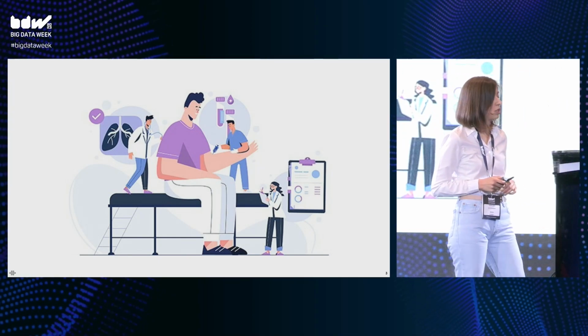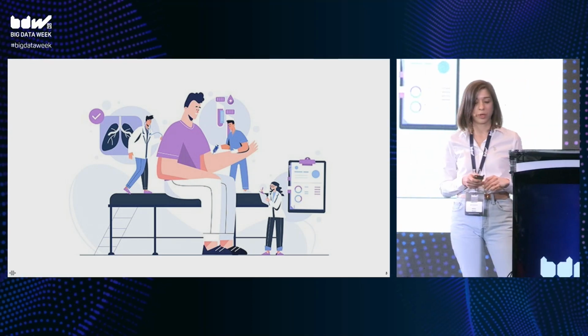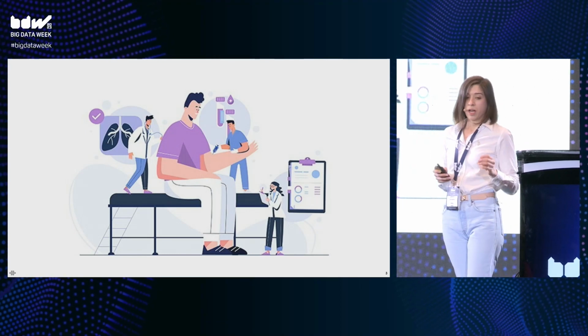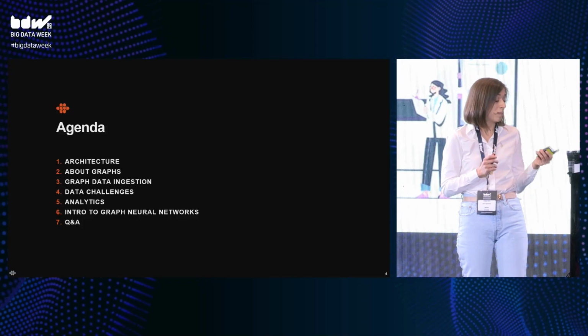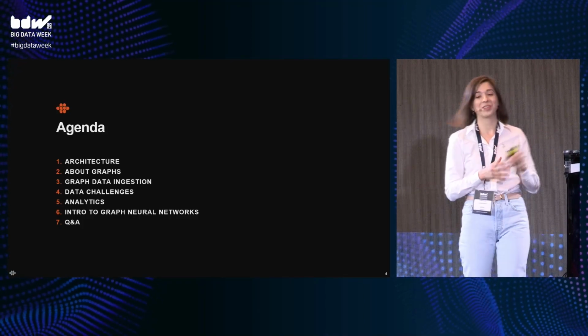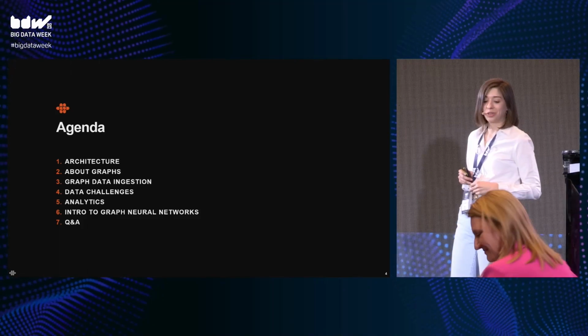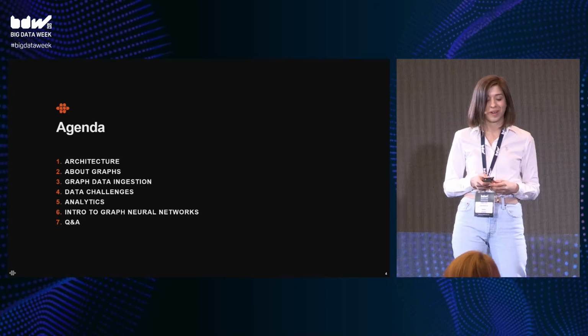Also, I'm going to tell you about some of the data challenges that we were facing during the development process, and also we will have a short introduction into our analytics pipelines. Now it works. Okay, this is the agenda. In the analytics pipelines and a short intro into the graph neural networks. In the end, the classical Q&A.